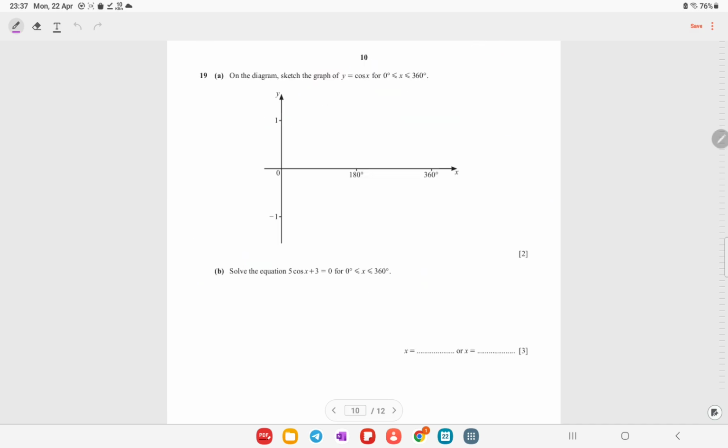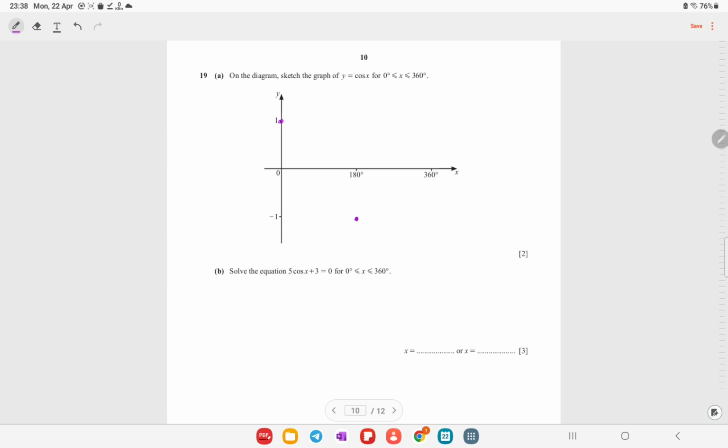Okay, on the diagram, sketch the graph y equals cos x for 0 to 360. You can easily draw this curve with the function tables in your calculators. We know that cos 0 is going to be 1, and cos 180 is going to be minus 1.